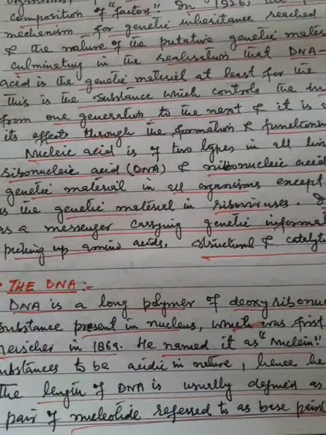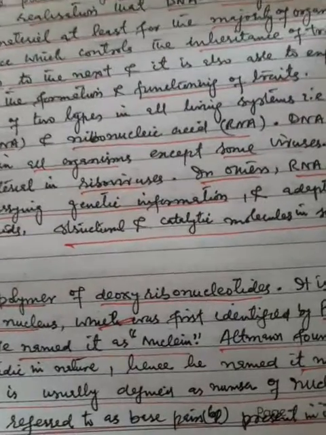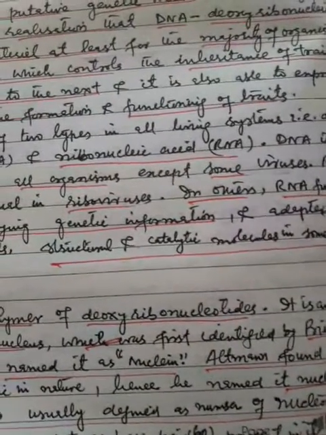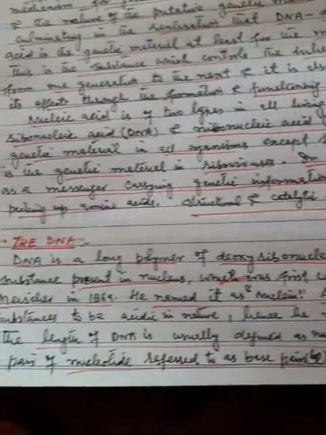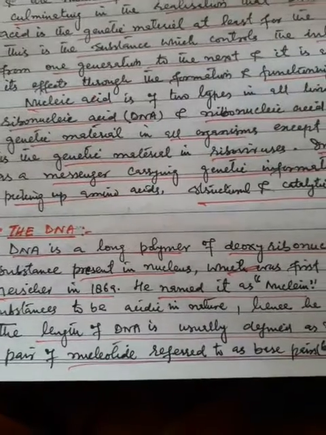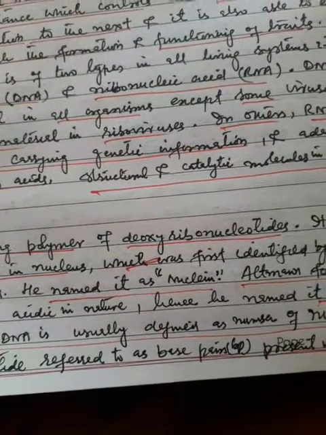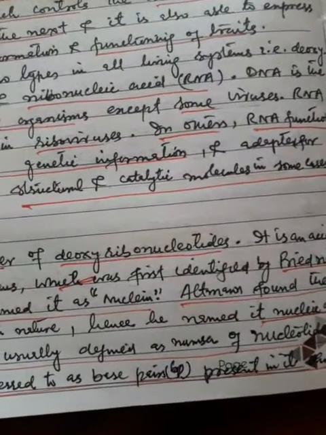The length of DNA is usually defined as the number of nucleotides, or a pair of nucleotides referred to as base pair BP, present in it.